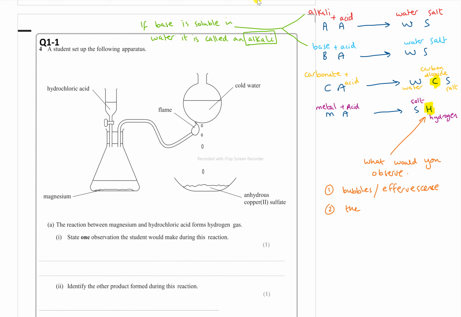Two, the solid that you put in there disappears or gets smaller. And right, I don't agree with this one because it's a bit flaky. Right, in the mark scheme it says flask gets warm.